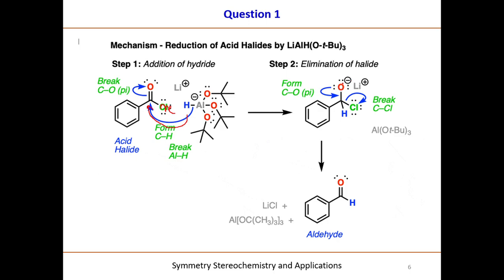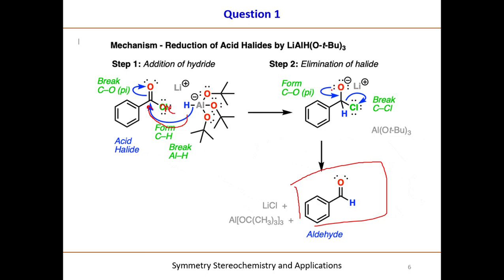Then this negative charge will push the electrons over here, and this will break the C-Cl bond. Because of the breaking of this bond, we will get the aldehyde as a product. Got it?